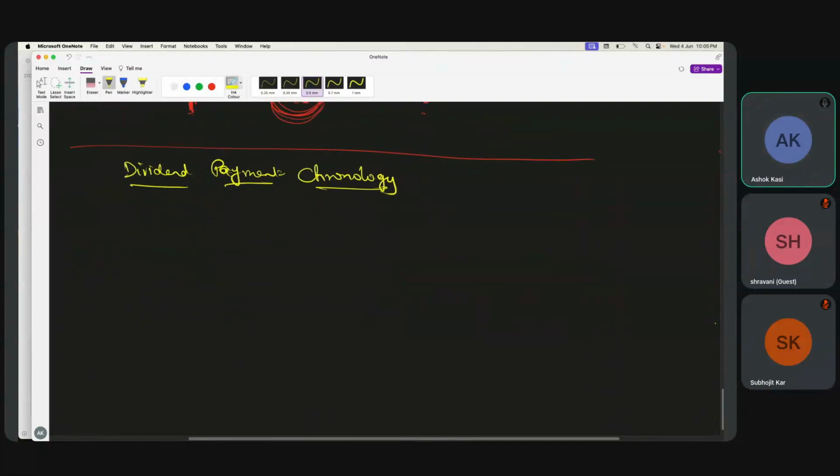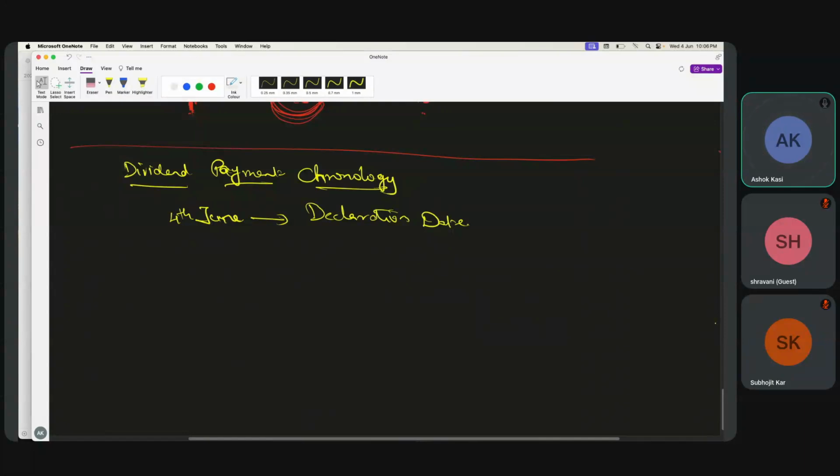See, imagine today is 4th June. The company is announcing dividends, declaring. Today's date is called the declaration date. Today they are declaring that they will pay dividend.